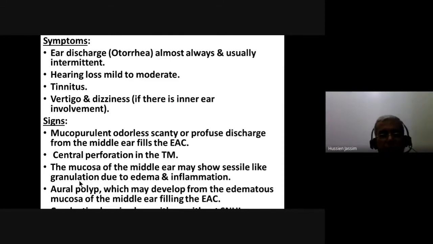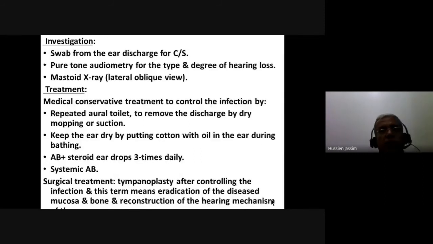Granulation tissue develops and keeps growing, then we get sisal-like granulation, and it turns into an aural polyp. If the patient is not treated, it will turn into an aural polyp, which develops from the edematous mucosa of the middle ear. The patient usually has a conductive hearing loss with or without sensorineural hearing loss. As we said, these mediators may reach the inner ear cavity and also cause sensorineural hearing loss.